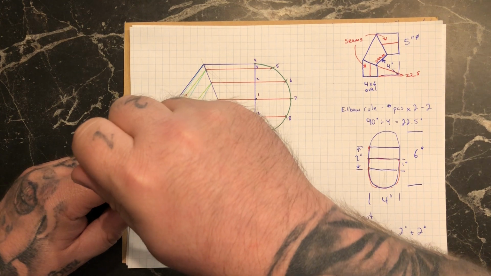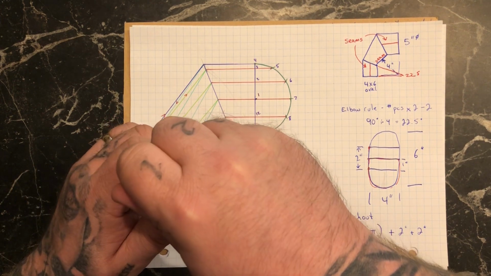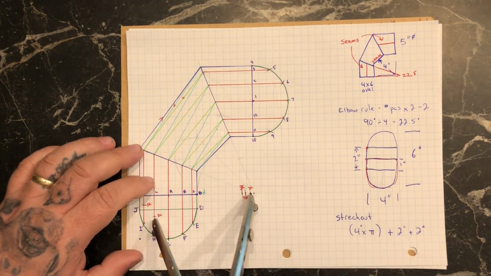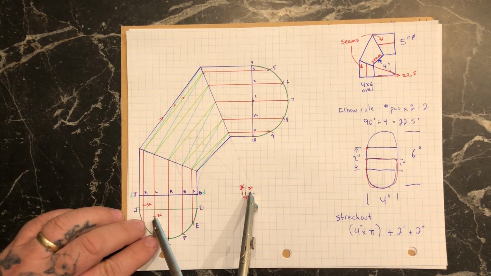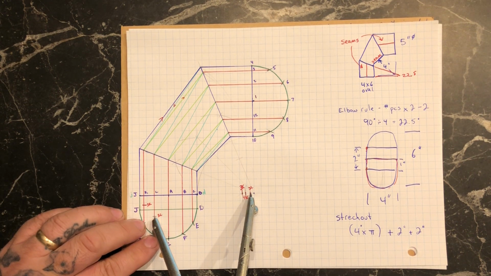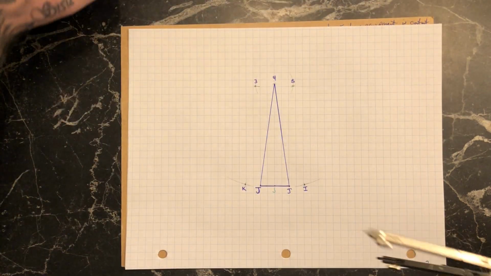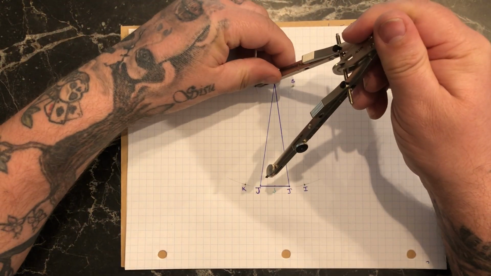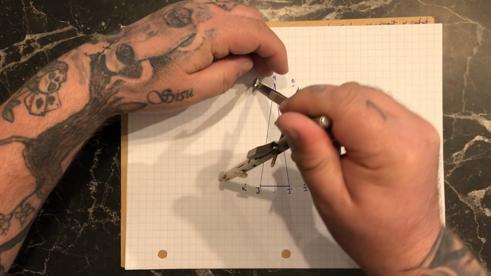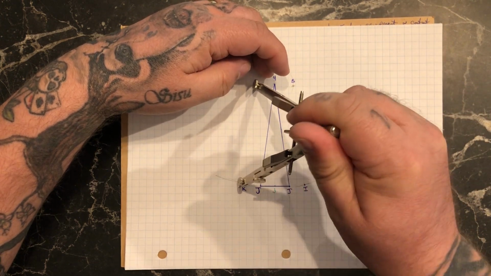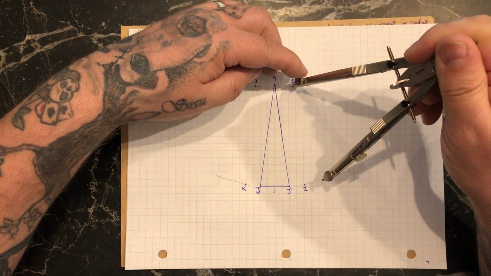I'm going to use that hypotenuse from 3 to 3L. And now going from 3 down to where L will be, I'm going to do the same on this side.